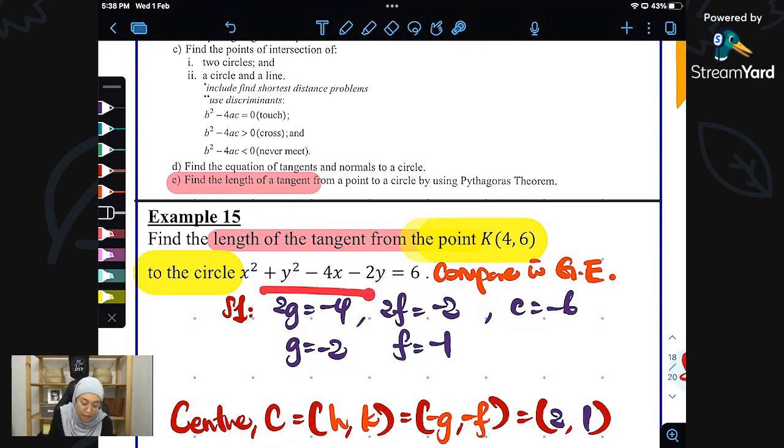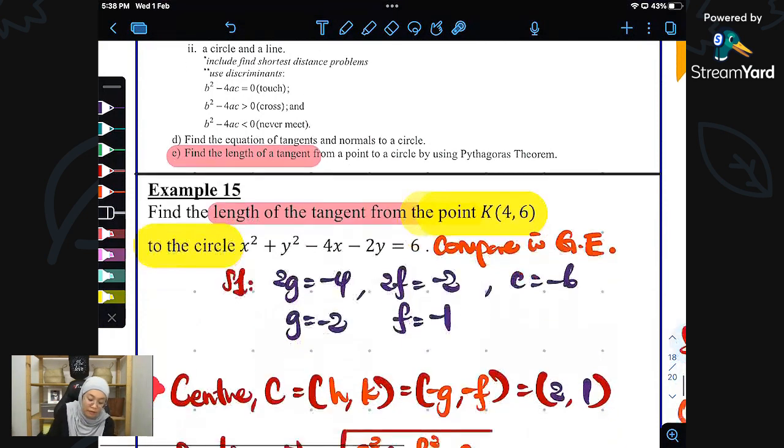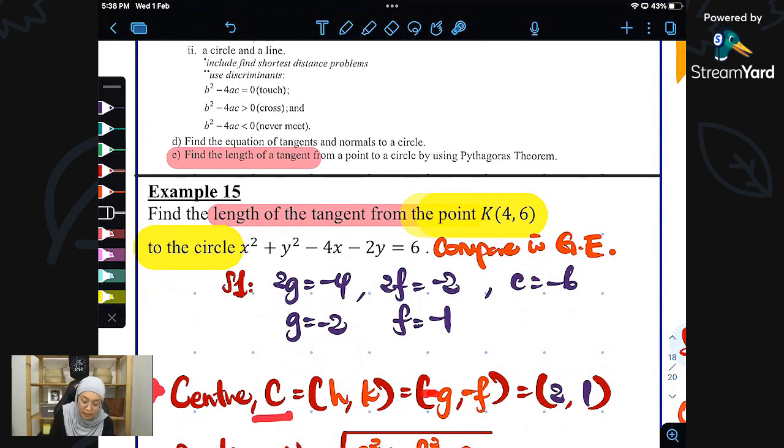I compare it, I got g equals -2, f equals -1, and c equals -6. And so I substitute into the coordinates of the center, which is (-g, -f), and I got (+2, +1) for my coordinates of the center.